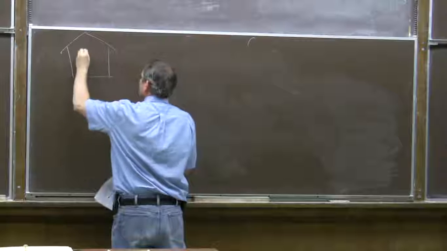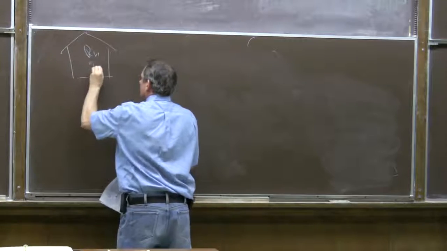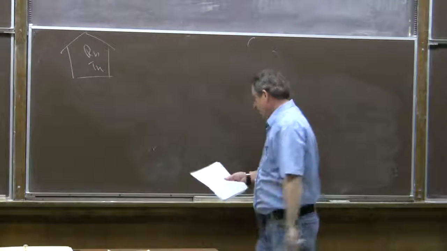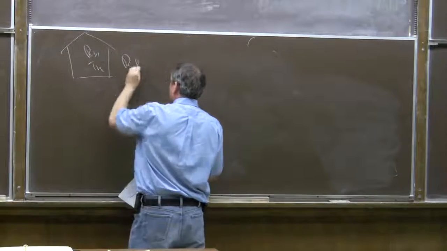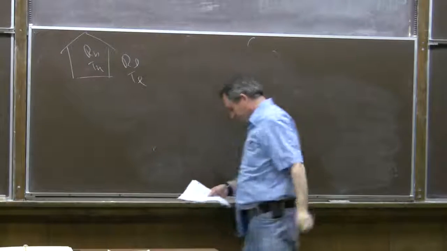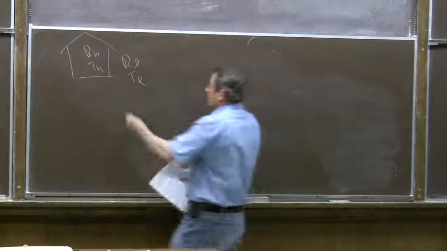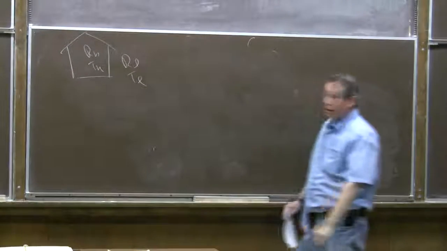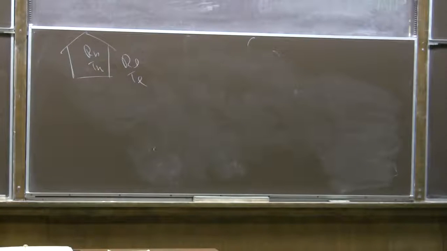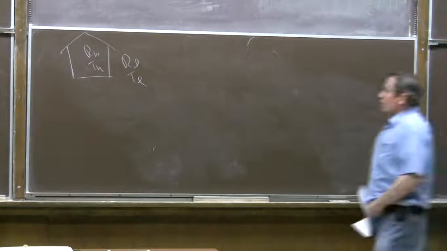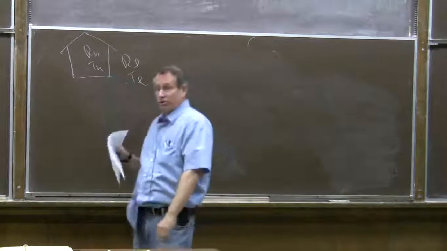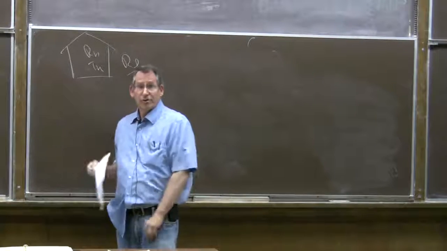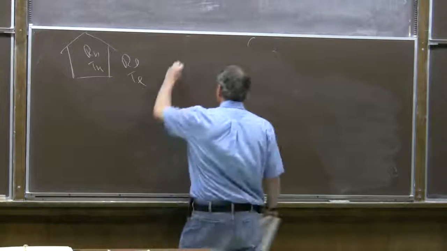It's at a temperature tau H, and outdoors there's a reservoir at temperature tau L, and he is doing work to pump heat from his house, the high temperature reservoir, to the low temperature reservoir. So he's air conditioning the outside.